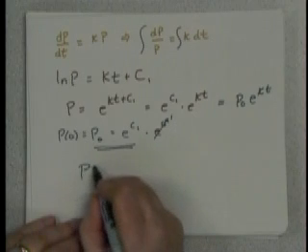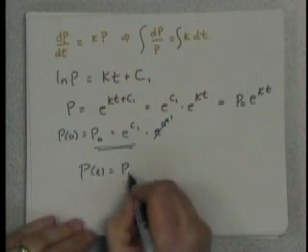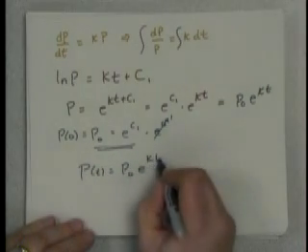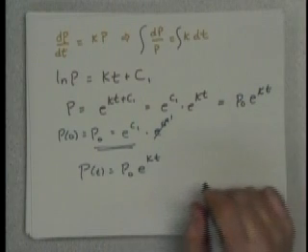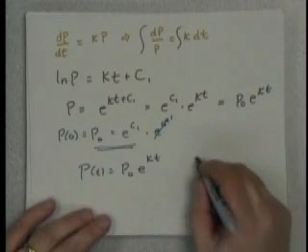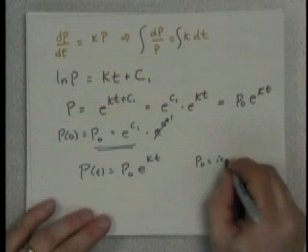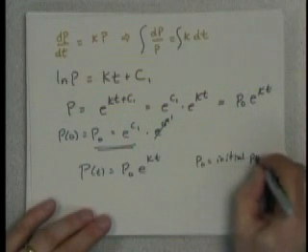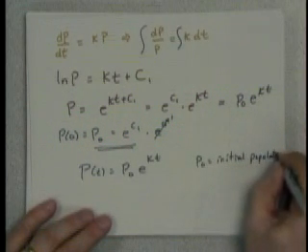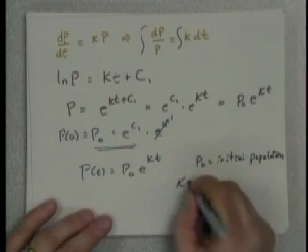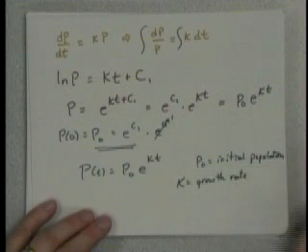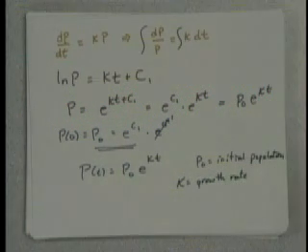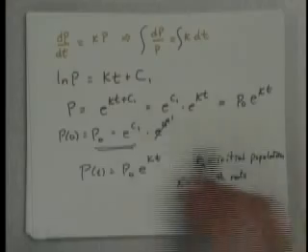So I'll write that again. P of t equals P naught e to the kt. Standard exponential function for growth. P naught is my initial population, and k is your growth rate. If you want to be more specific about what I mean by growth rate, look back at the differential equation.